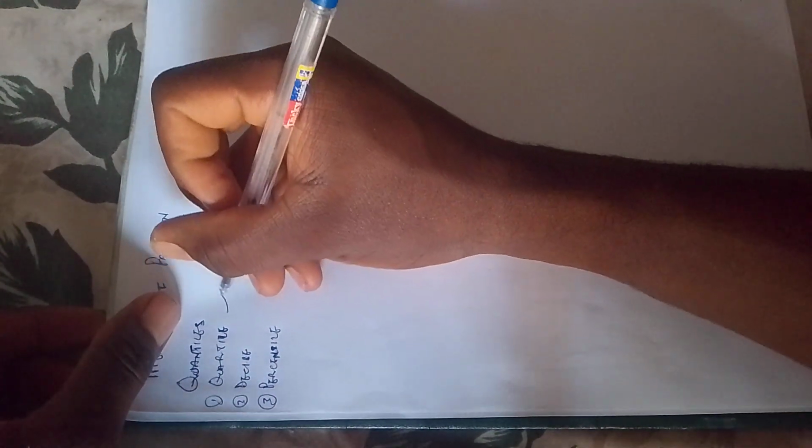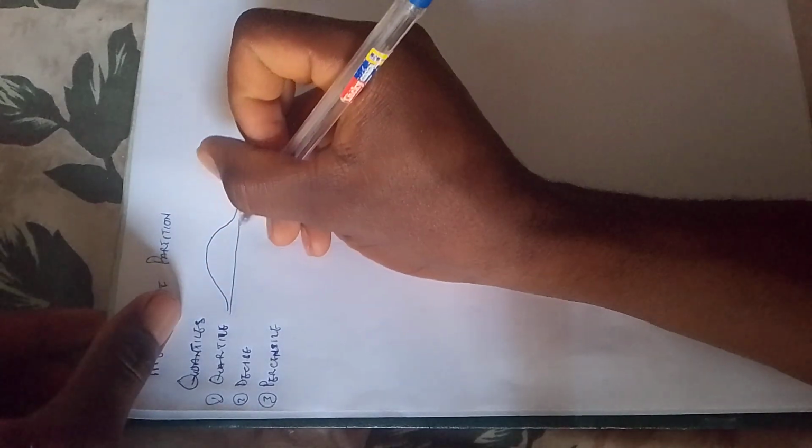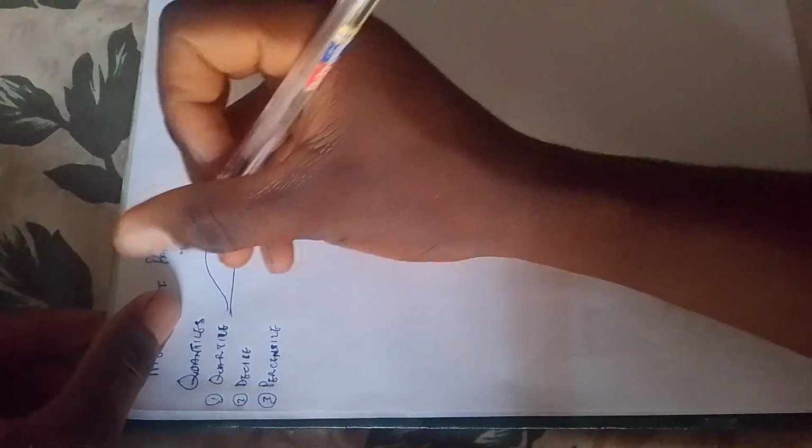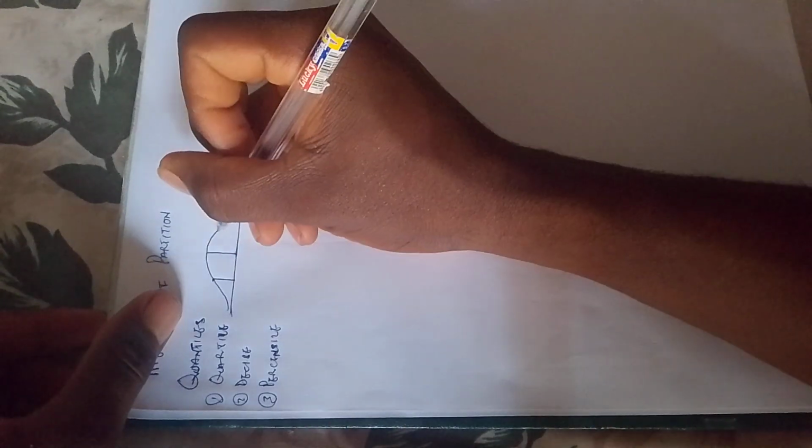Everybody knows that the quartile is three lines that divide the normal distribution, or the symmetric distribution, into four equal parts. Let's say this is our normal distribution. Pardon my drawing. So we have this line, this line, and this line.